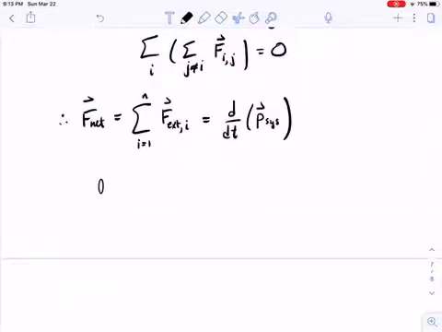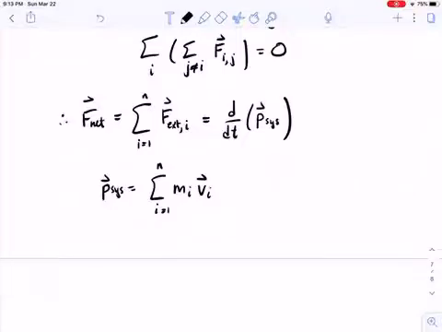And the system momentum is just equal to the momentum of all the individual particles added up as vectors.